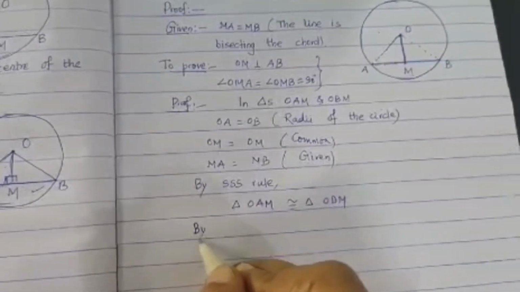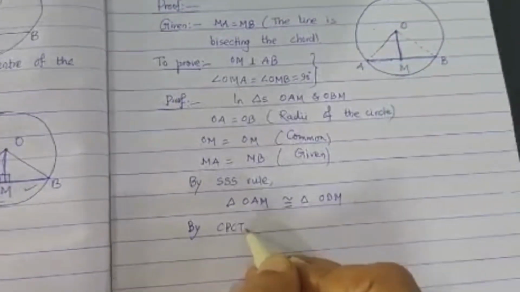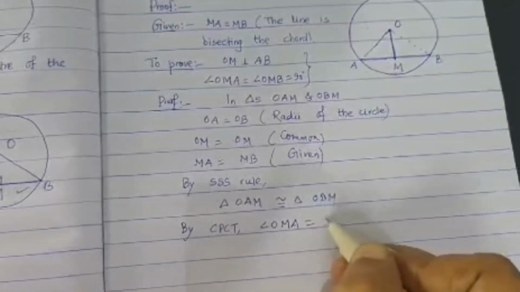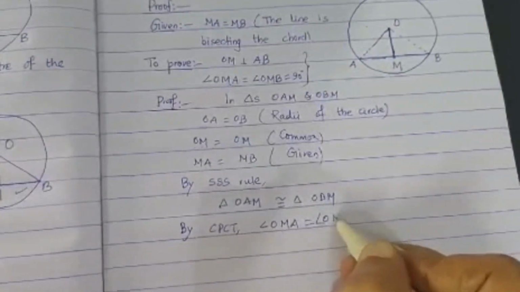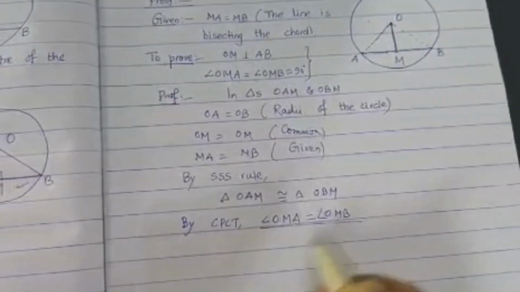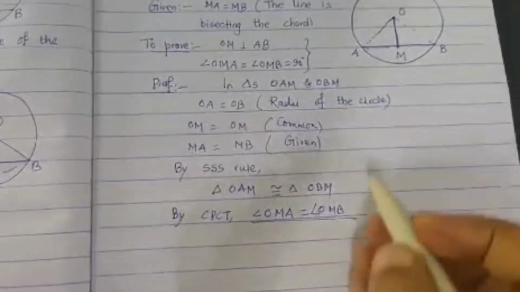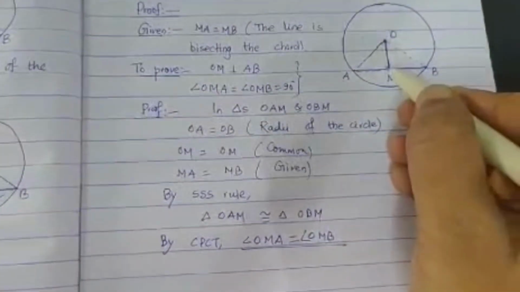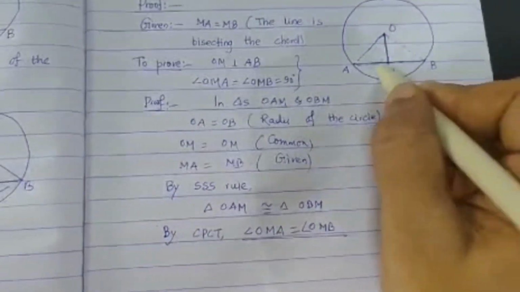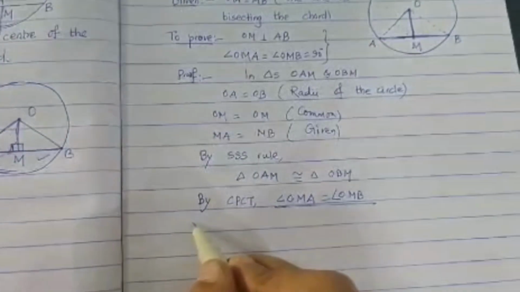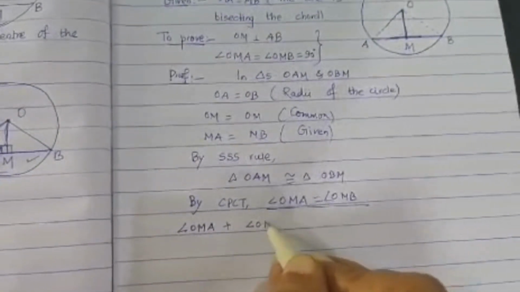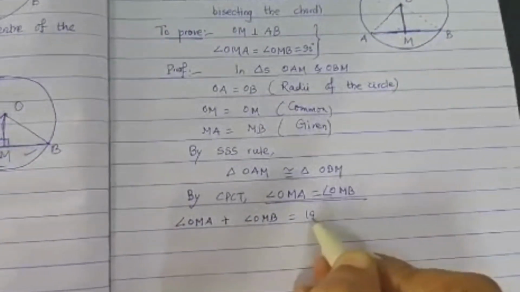Now by CPCT we can say that angle OMA is equal to angle OMB. But till now we cannot say that these two angles are equal and 90 degree, because we will have to do another thing: this is a linear pair. Now we can say that angle OMA plus angle OMB is equal to 180 degree.